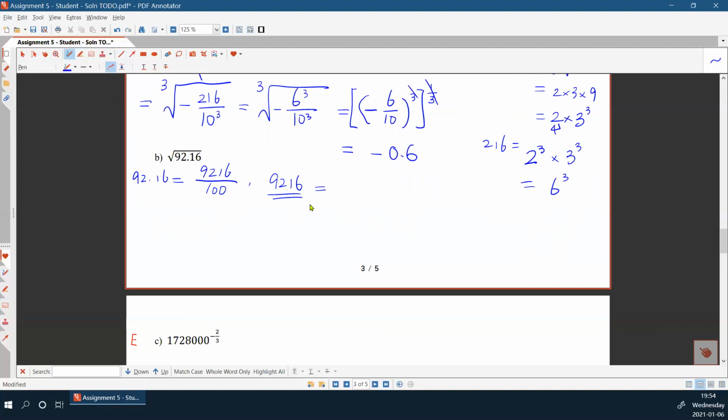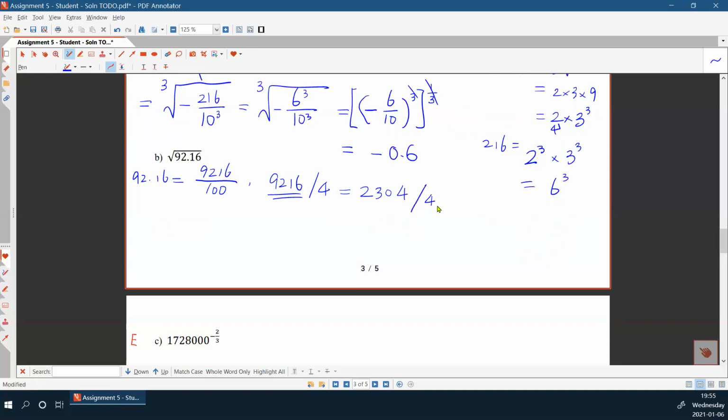Okay, if you can't see it directly, just try to divide this number by 2 or 4, okay? This time I want to make the factoring quicker, so I first try 4, which gives us 2304, right?